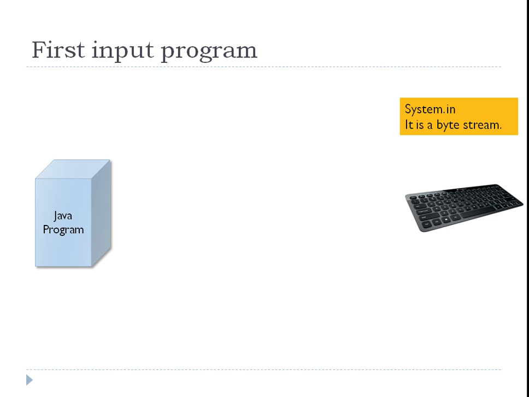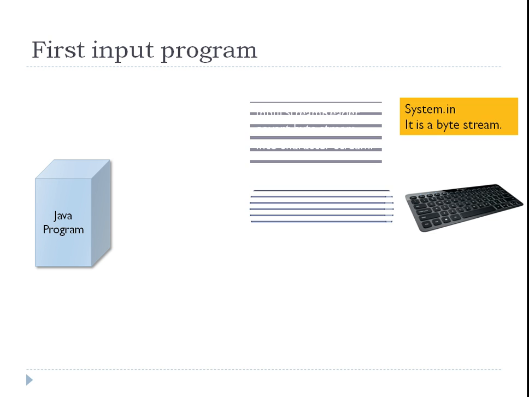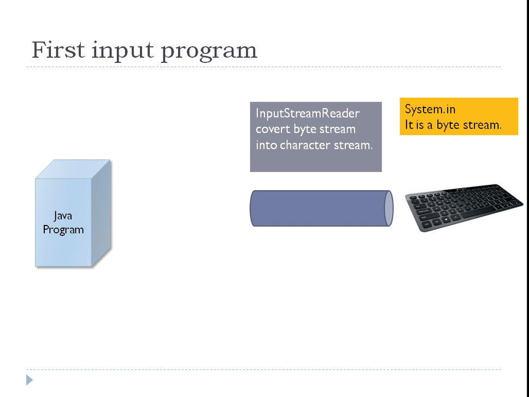Now we want to see an actual program to read input from the keyboard. The stream is already available. The name of the stream is System.in. But the problem with this stream is that it is byte oriented, and it will read 1 byte at a time. Now we will convert this stream into a character stream. So how do we convert a byte stream into a character stream?